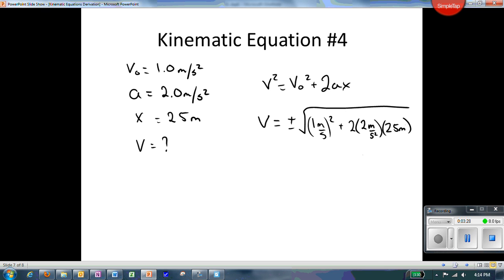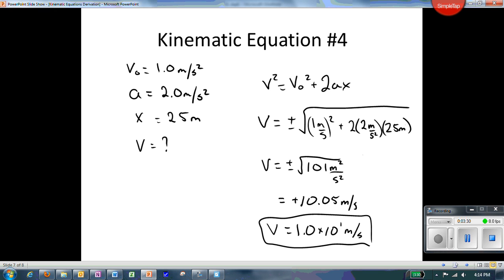In our situation, it really only makes sense to talk about the positive root since he was going in the positive direction and continued in the positive direction. So when you solve that out, you get 10.05 meters per second. And if you were to round with correct significant figures, you would have to round that to 1.0 times 10 to the first meters per second.